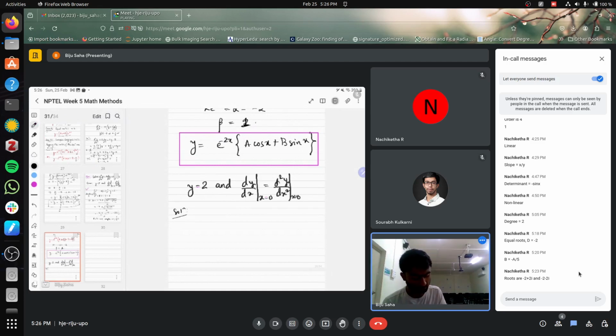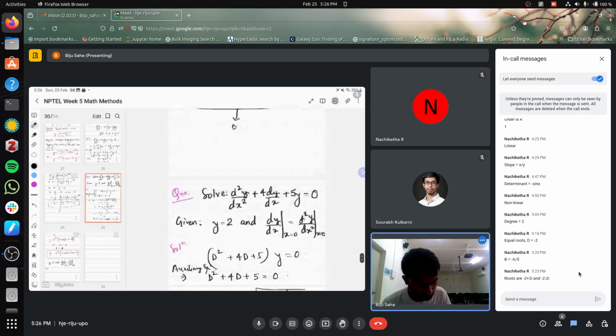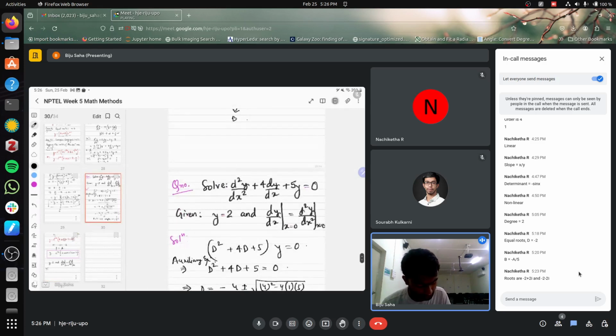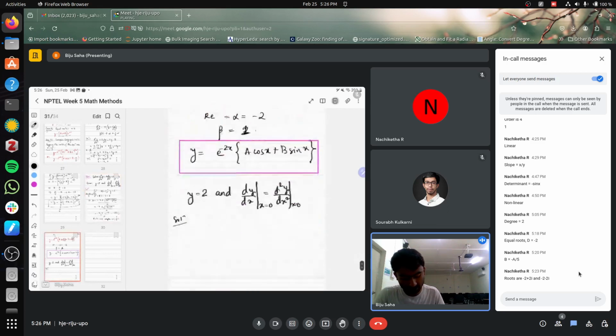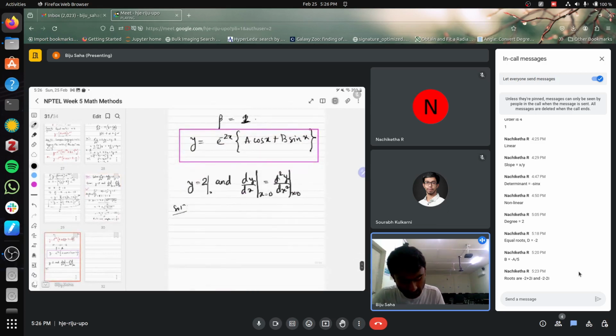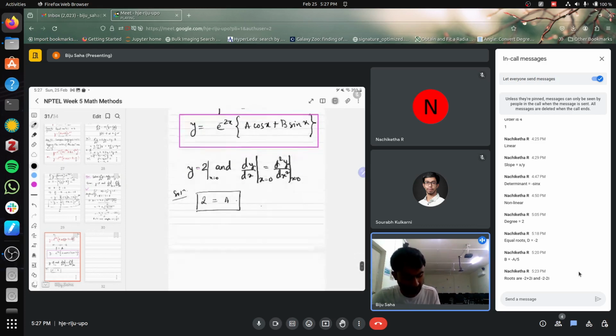When x is equal to 0, your y is equal to 2. That means the only thing that would remain is my a. So you get this from the first condition.